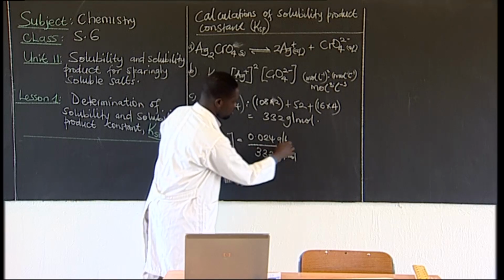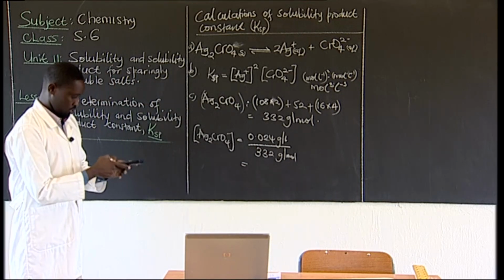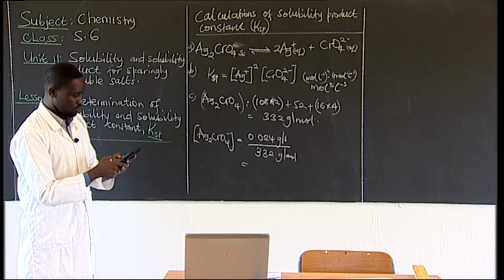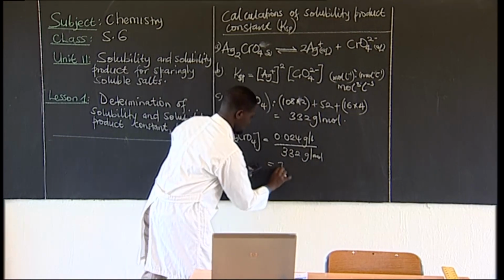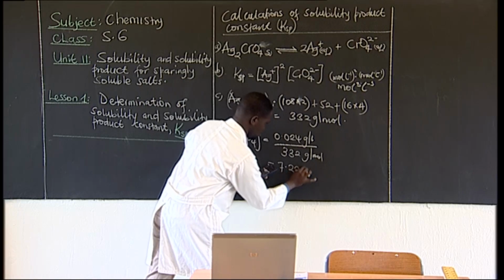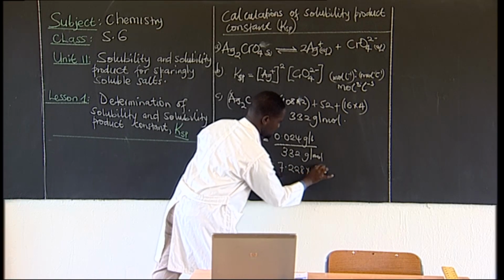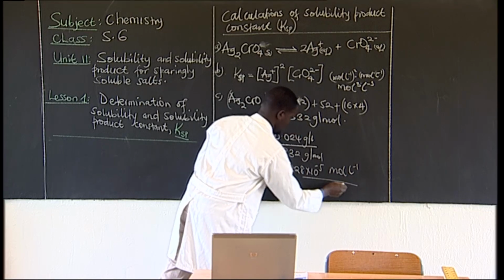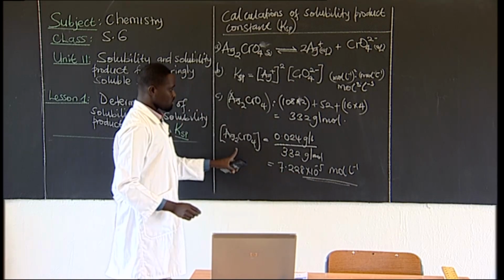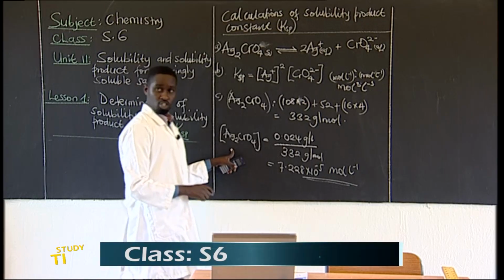This will give us mole per liter, 0.024 divided by 332, 7.228 times 10 power negative 5 mole per liter. So this is the concentration of this in solution.